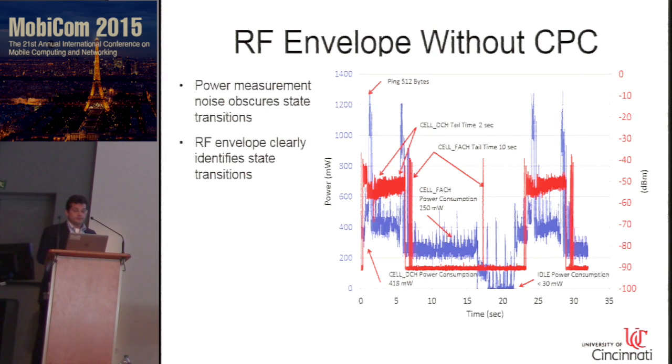For the device under test, average power consumption is 418 milliwatts while in the DCH mode, and power drops to 250 milliwatts while in FACH. And then finally, during idle, power consumption from the device is less than 30 milliwatts.